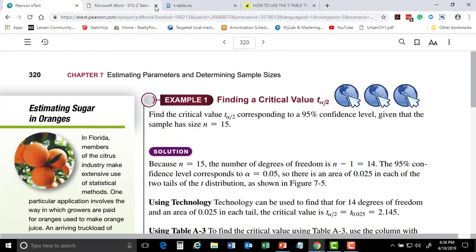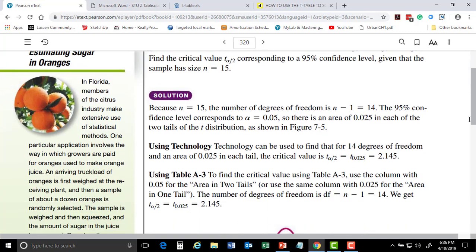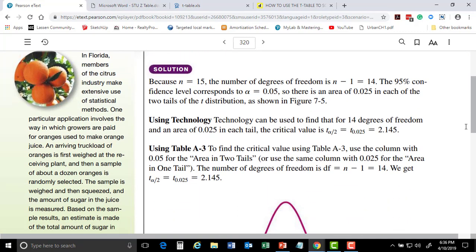I was trying to see what example this is. Is it talking about finding the critical values? It says using technology, so let's try that. Using technology, we can find that for 14 degrees of freedom with an area of 0.025 in each tail.